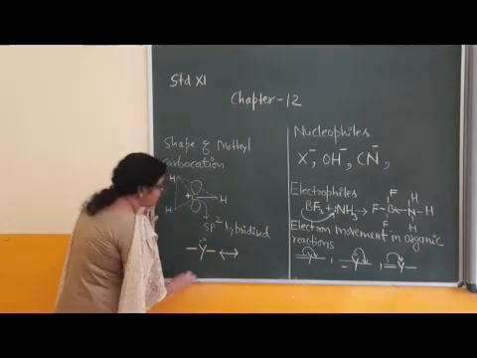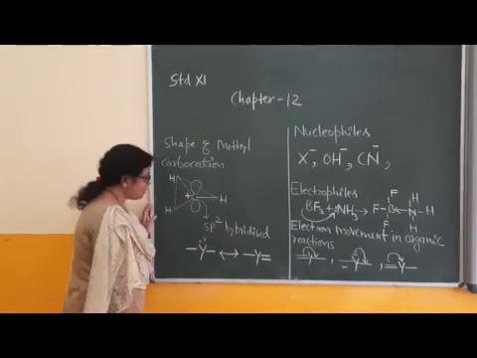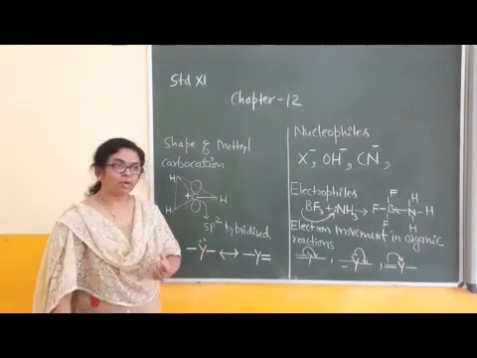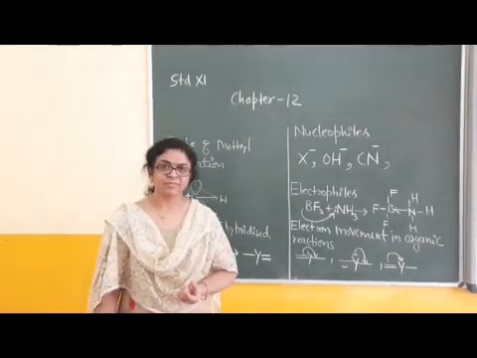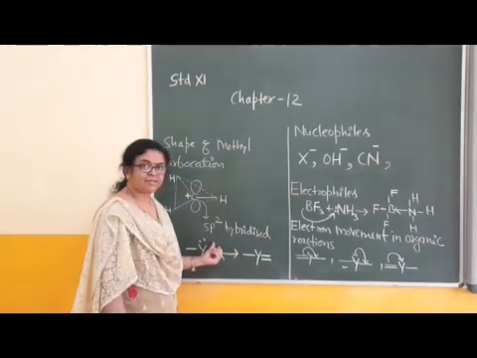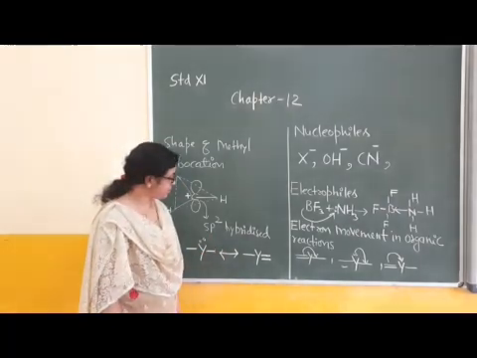Resonance due to lone pair of electrons, like this too. Conversion of lone pair of electrons into double bond, because double bond is a delocalized bond, temporary bond, and lone pair of electrons is also delocalized, right? Sigma is stronger than pi bond.